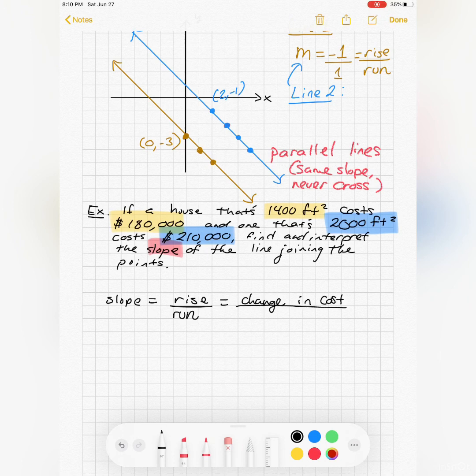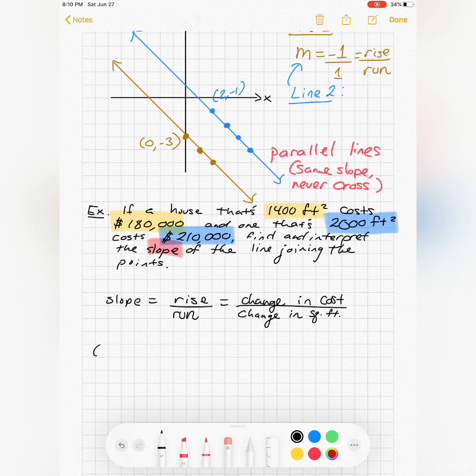So here we're looking at the y as being the cost, and the x as being the change in square feet.